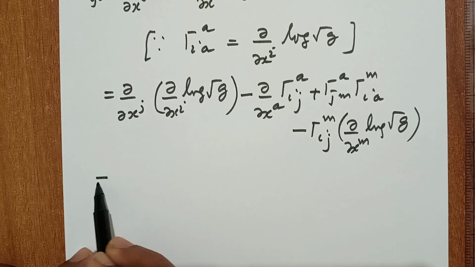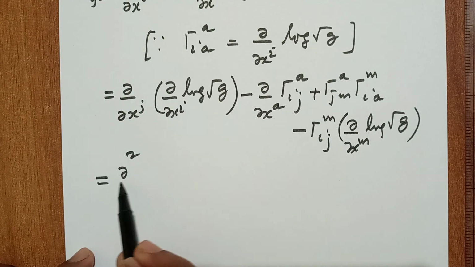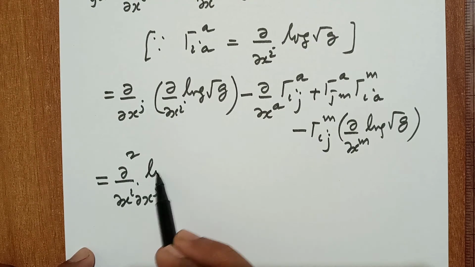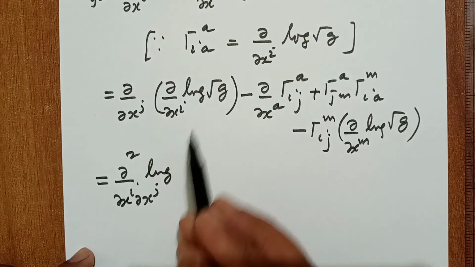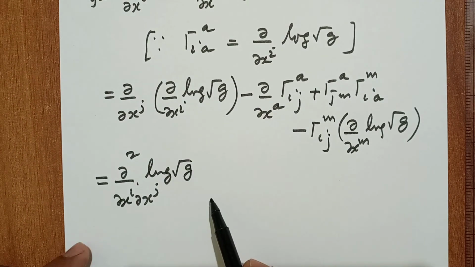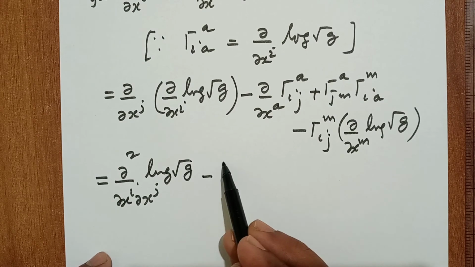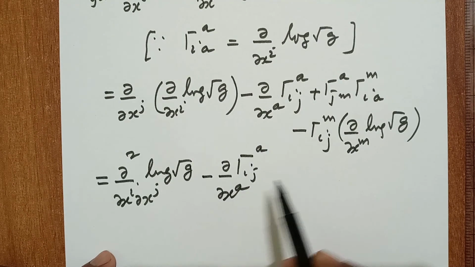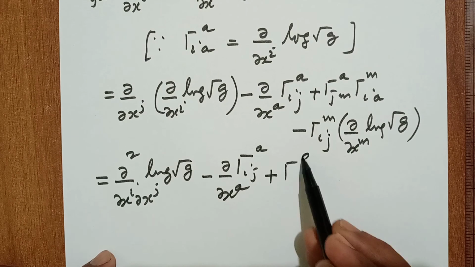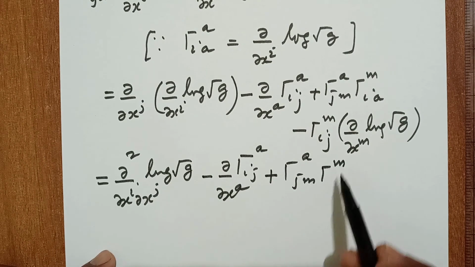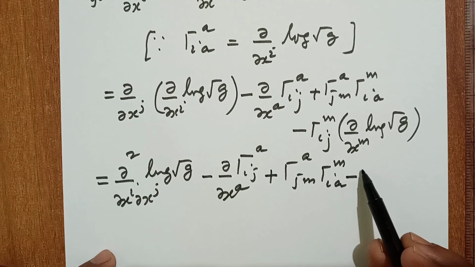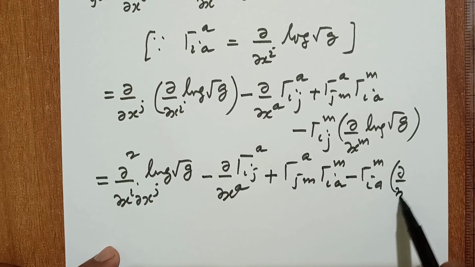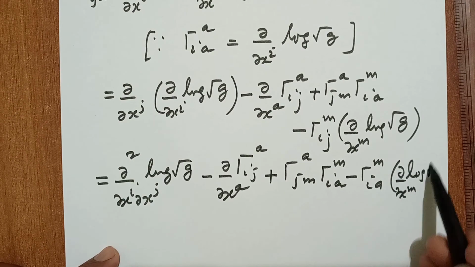We can write ∂²/∂x^i∂x^j or ∂x^j∂x^i, because second order partial derivatives commute.